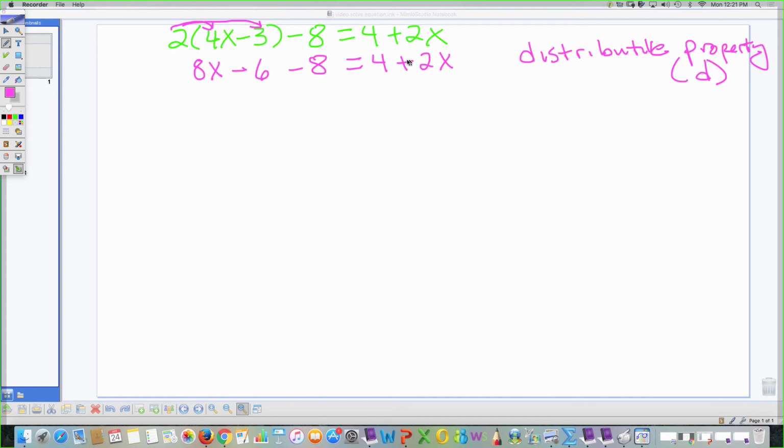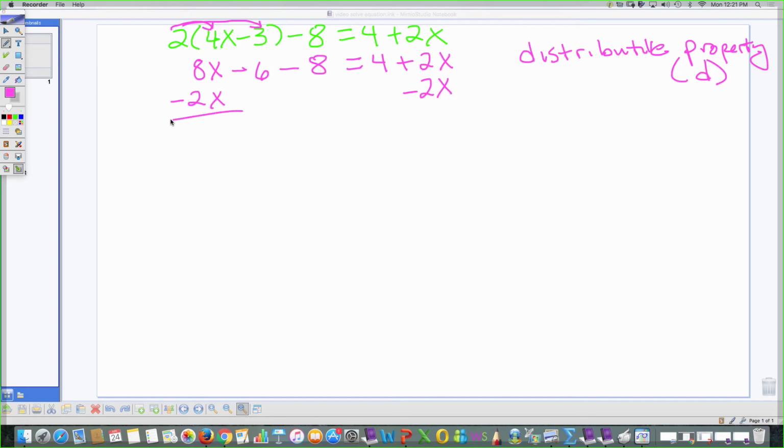Okay, then I'm going to survey my scene here. So we're thinking tiles, even though we don't have the tiles out. And so we could take some matching x's. Oops. Let me fix that, sorry. So we're going to take some matching x's. So there's 2 x's here, so I can remove those 2 x's, which means I can remove 2 x's over here.